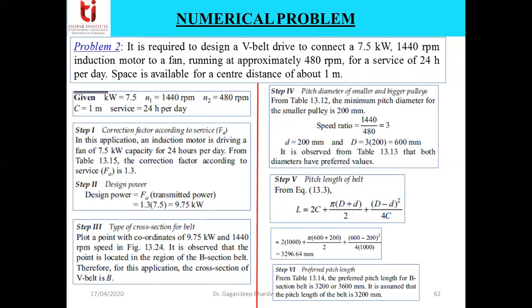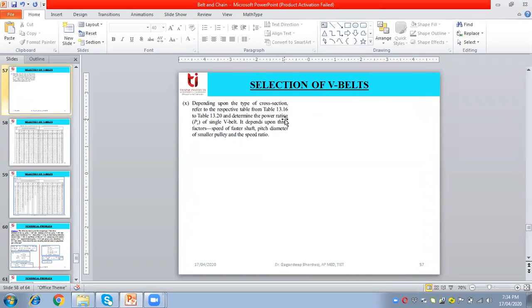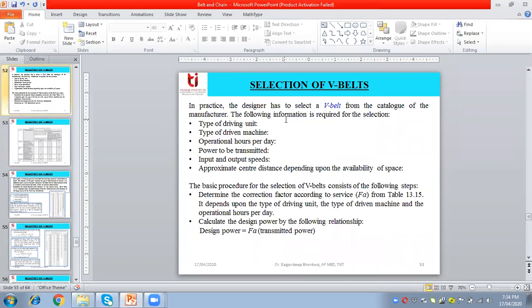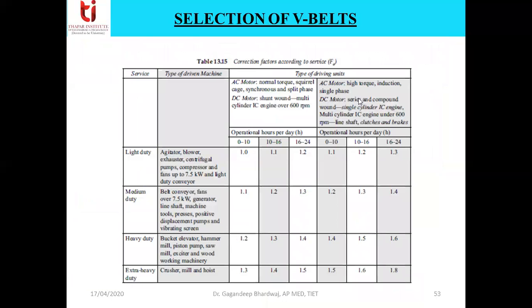So first of all, we will check the correction factor according to service. We will move to Table 13.15. If you can see this table, your motor is an induction motor, and operational hours is 24, and it is a fan up to 7.5 kilowatt power transmission.